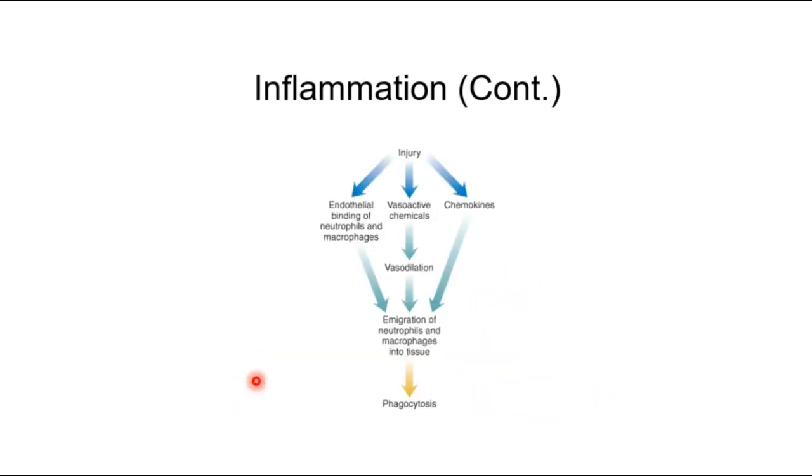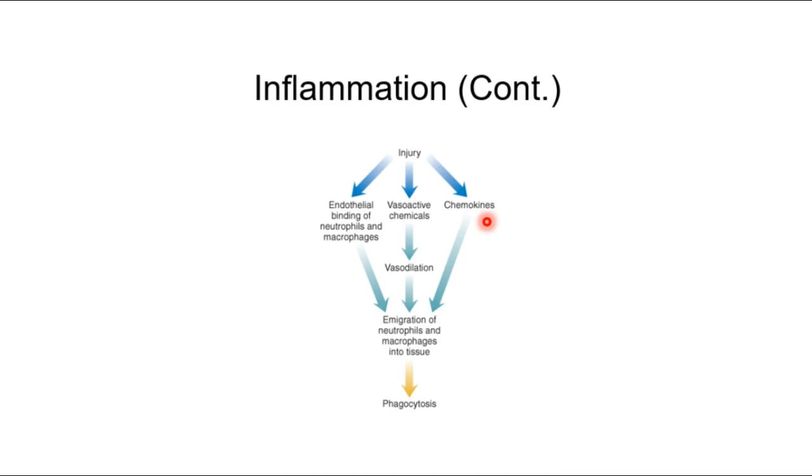Let's go back to this one. We're kind of showing some of the same things here. We had an injury at the start of it. Those vasoactive chemicals. Chemokines, again, this is just another way of saying chemical signals. We've got a lot of things that you can just mentally clump into the category of chemical signaling molecules.